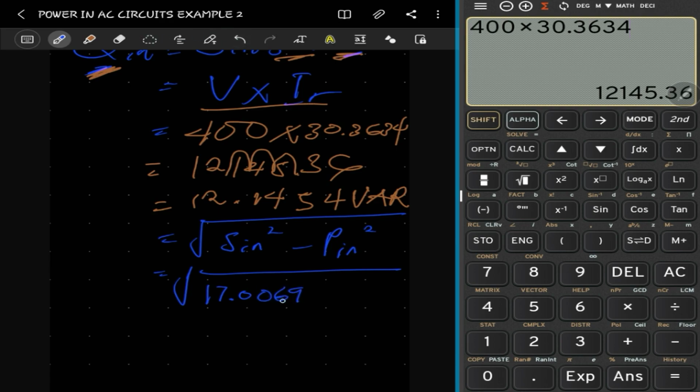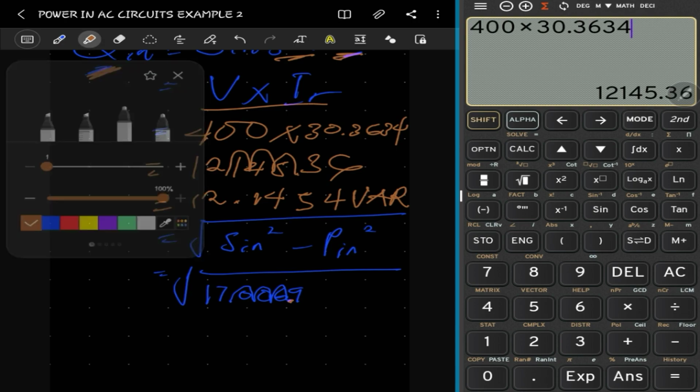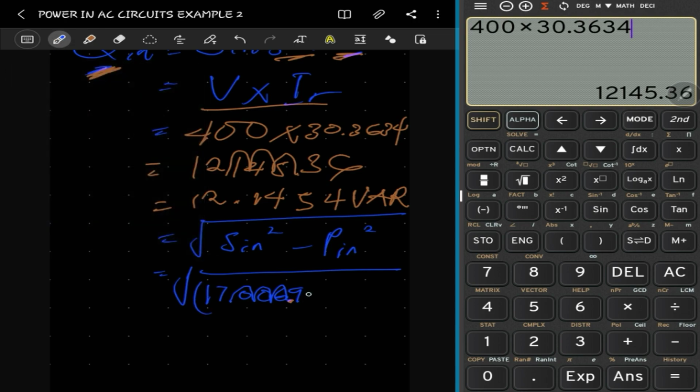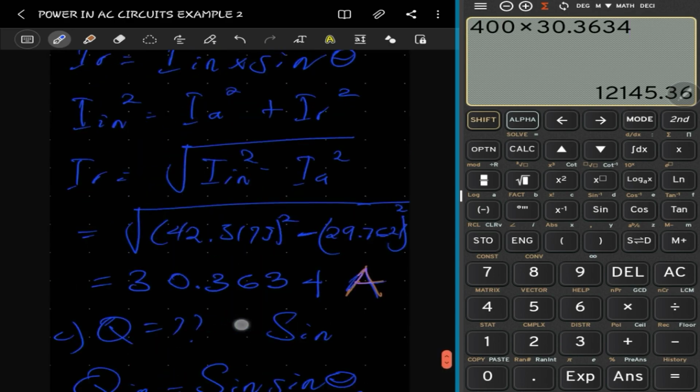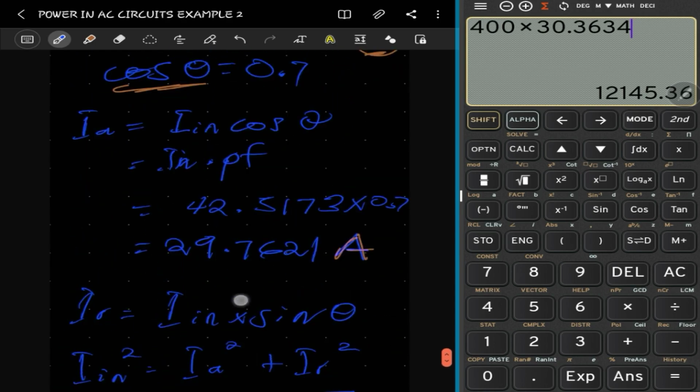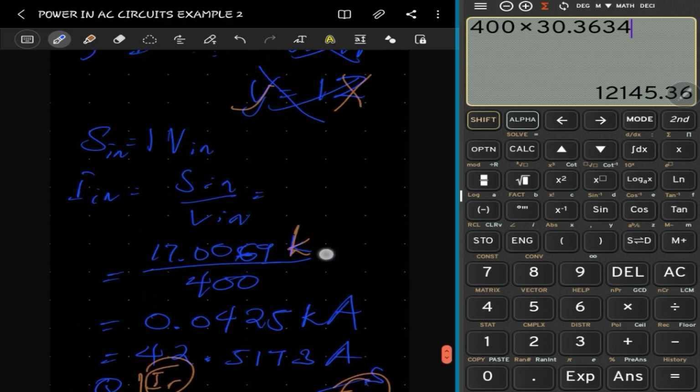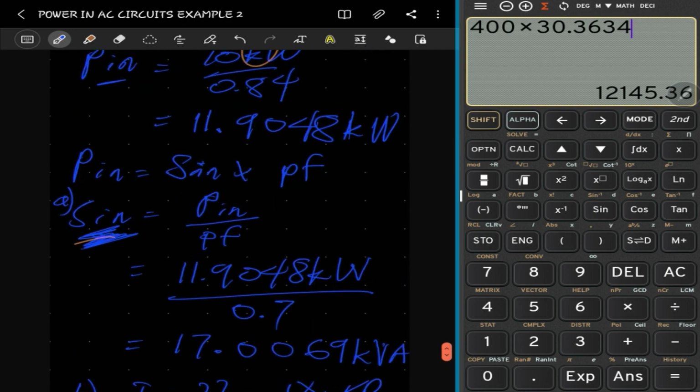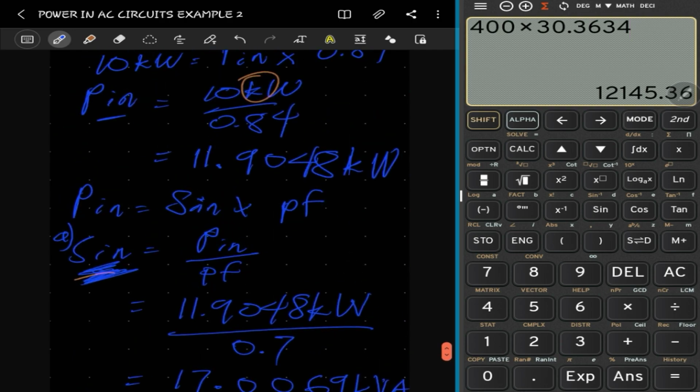When we attach that kilo, 10 to the power 3, the dot moves 1, 2, 3, so the dot ends up here. We've introduced a kilo. Squared, and the P in, the active input power, I found to be 11.9048.